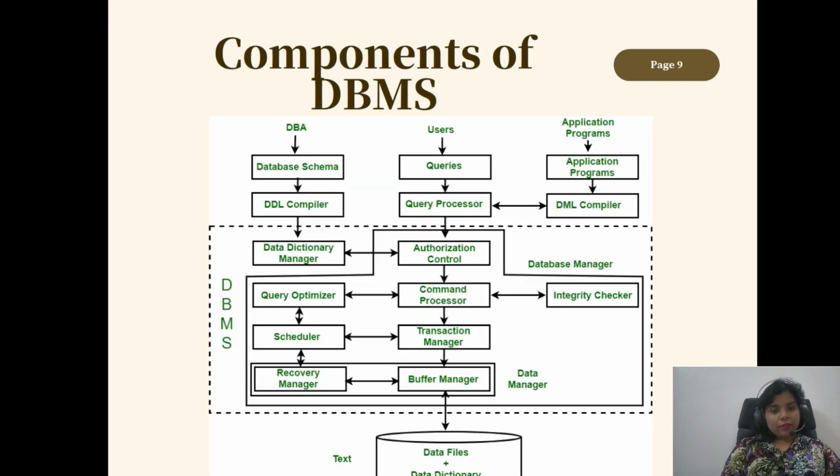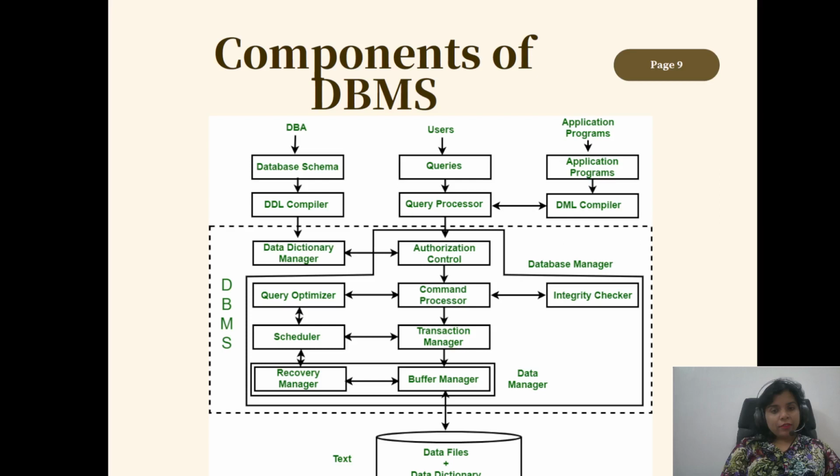This slide gives you a picture of the components of a database management system. We have components like the data dictionary manager that helps to manage all the schemas of various databases, and we have the query optimizer that helps us to optimize the query given by the user in terms of minimizing the disk access.